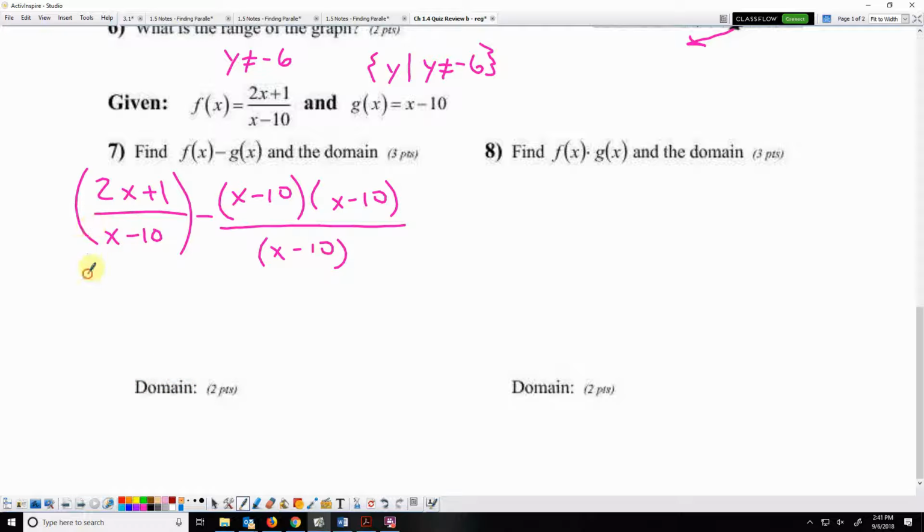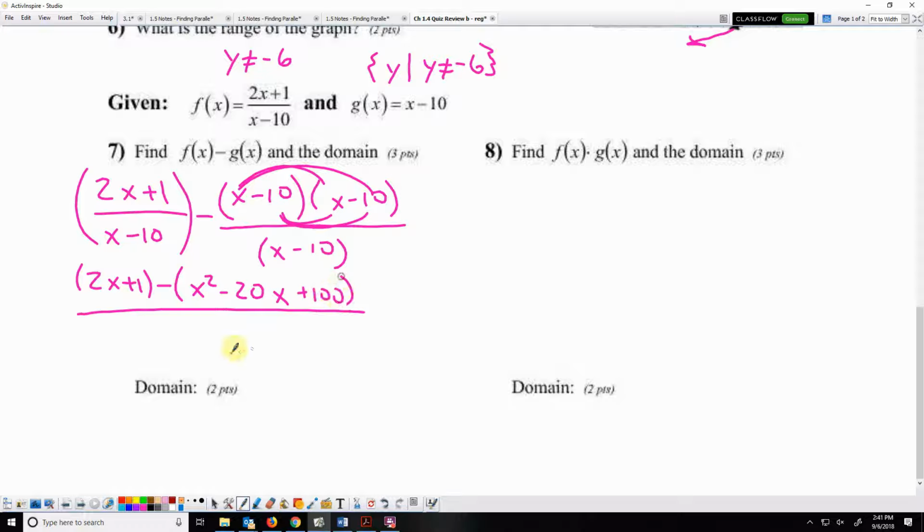So I'm going to have my 2x plus 1 minus whatever I get when I distribute this: x squared, minus 10x, that's minus 20x, plus 100, all over x minus 10.